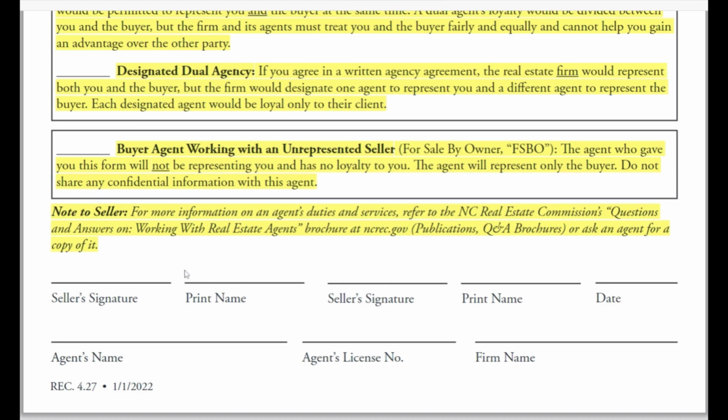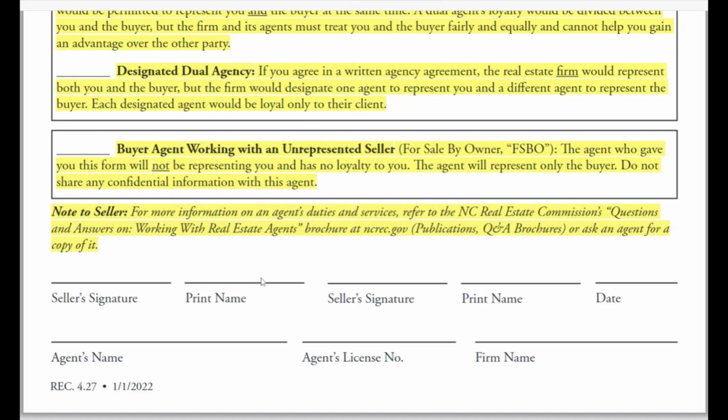So again, back to this disclosure. Note to seller: for more information on agents' duty and services, refer to the North Carolina Real Estate Commission's questions and answers on working with real estate agents brochure on the ncrec.gov publications Q&A brochure, or ask an agent for a copy of it. So this is what we would do.